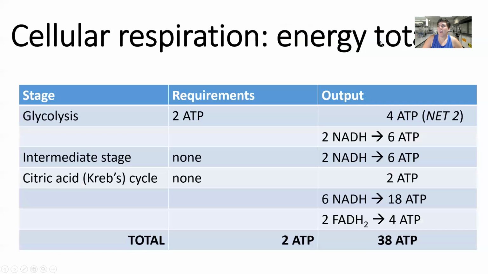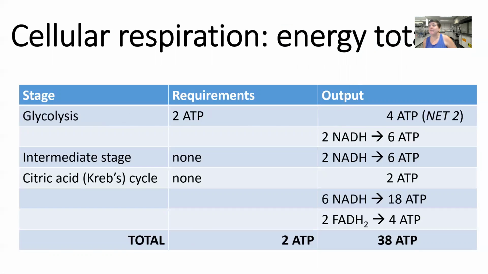So let's talk about how much energy is generated via this process. And when I'm talking about energy, I'm talking about how much ATP is generated via this process. So glycolysis is our only time during cellular respiration that ATP is actually required.